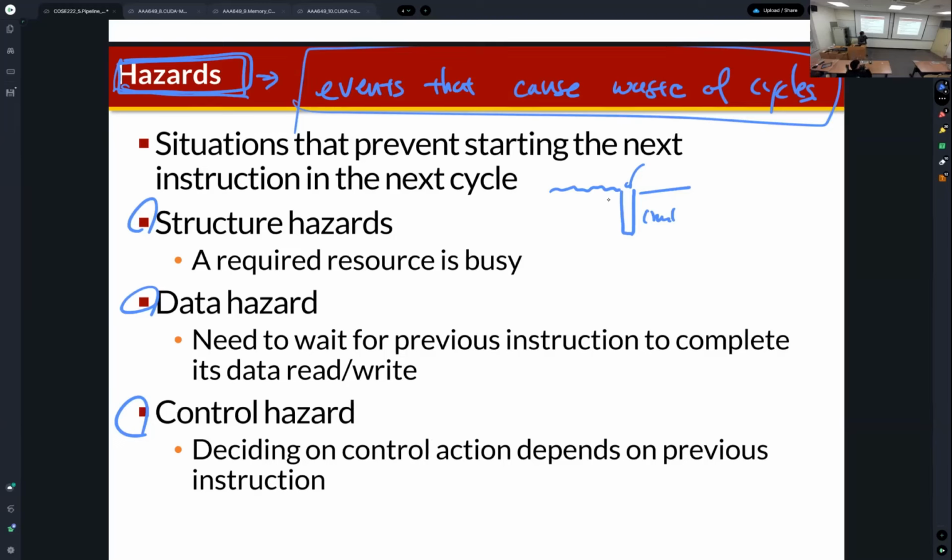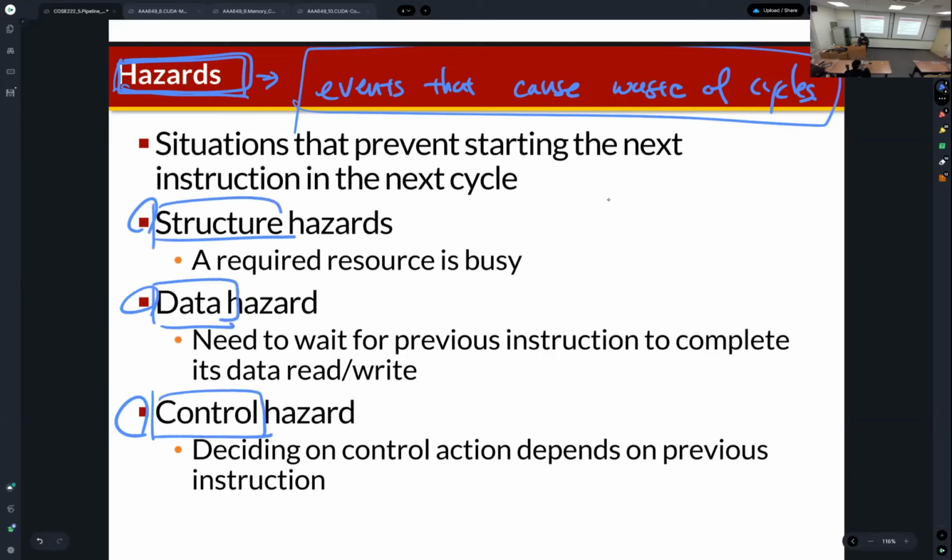Based on the reasons for the waste of clock cycles, we can classify hazards as structure hazard, data hazard, and control hazard.